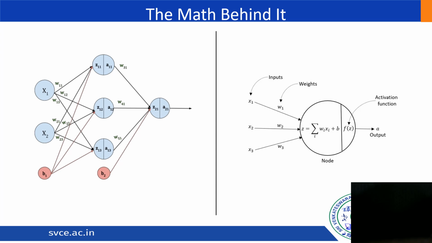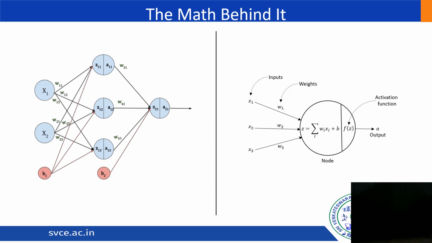Now we have seen the basics of neural networks. Now we will see the math behind each and every step. For example, assume this as the neural network we have built. In that, x1 and x2 are the input nodes in the input layer, these three are the nodes in the hidden layer, and this is the output layer.